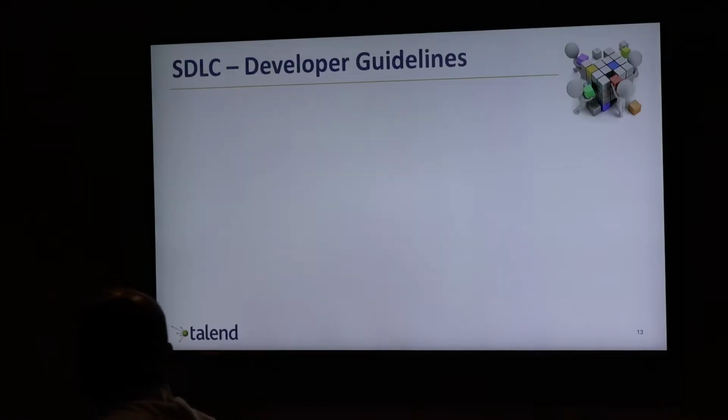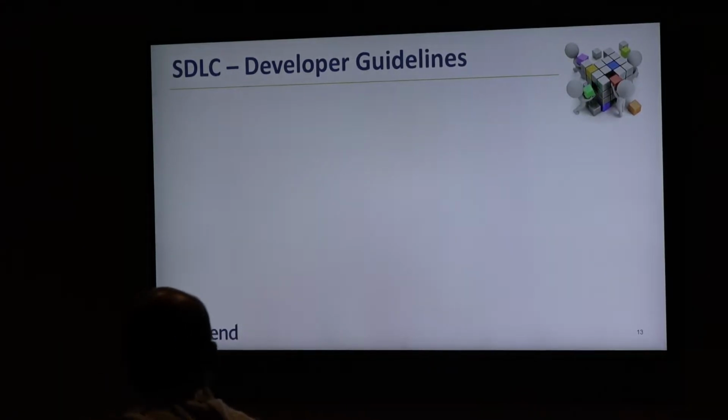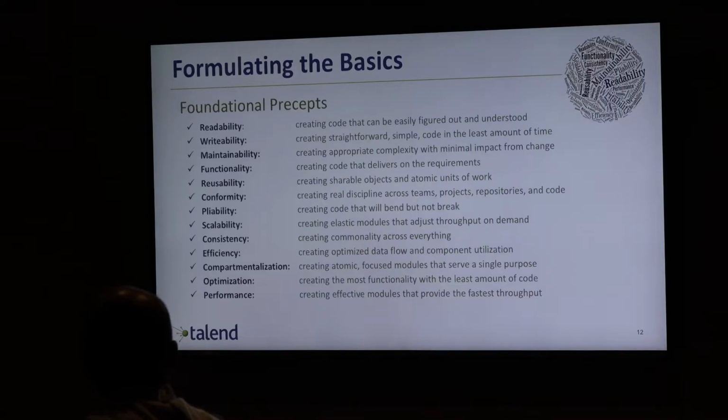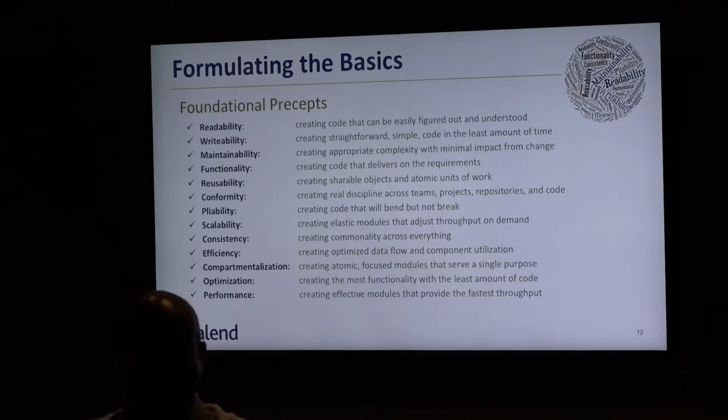Okay. What does the layer reading, bend but not break, mean? Creating code that will bend but not break. I think it's talking about error handling.